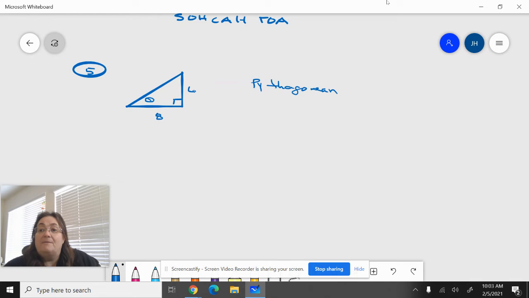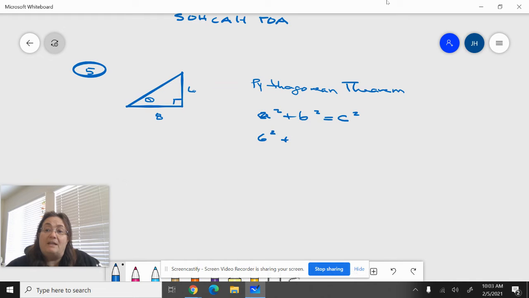We used the Pythagorean theorem, which says that if we have a squared plus b squared, which are the 2 sides of a triangle, it will give us c squared, which is the square of the hypotenuse. So we know what our 2 sides are. They are 6 and 8.